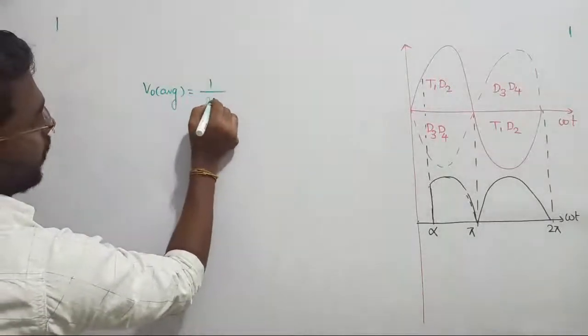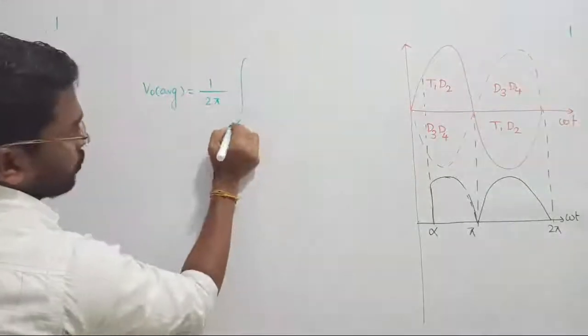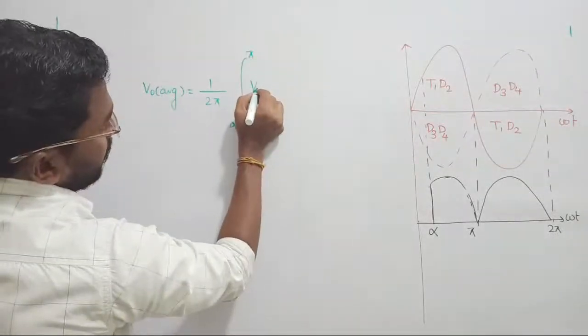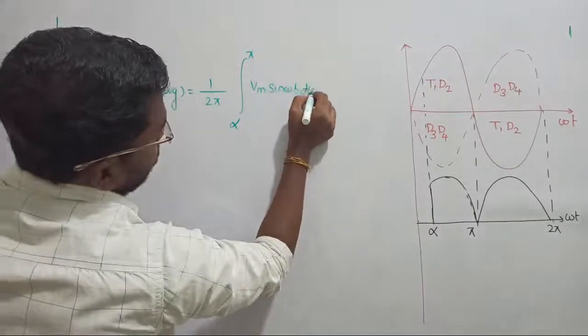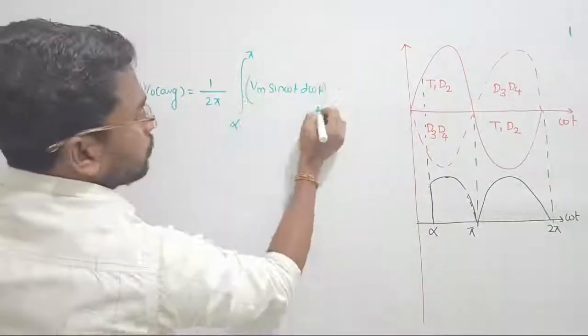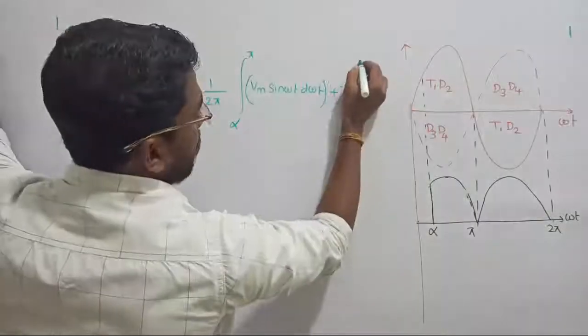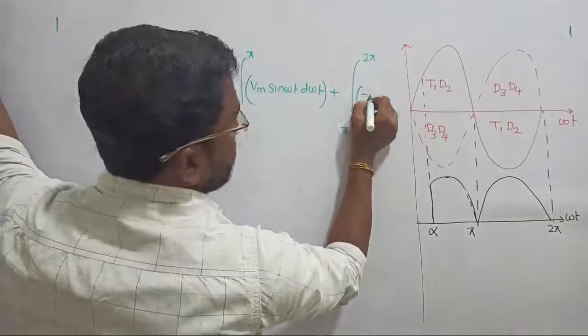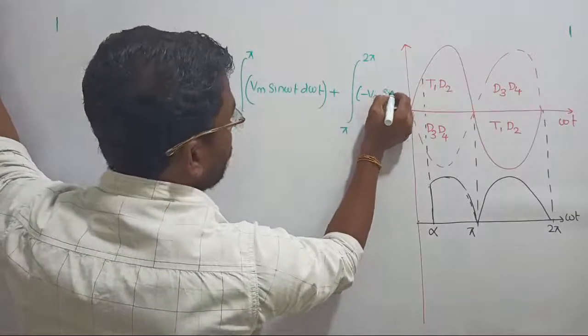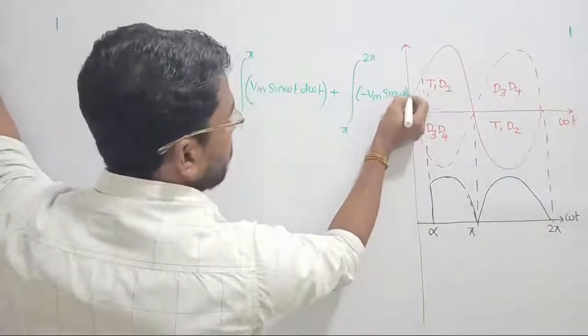Total time is 2 pi. Let us go from alpha to pi. I am considering Vm sin omega t with respect to d omega t, plus pi to 2 pi. Now let us see what comes when we put minus Vm sin omega t, and then you will understand.